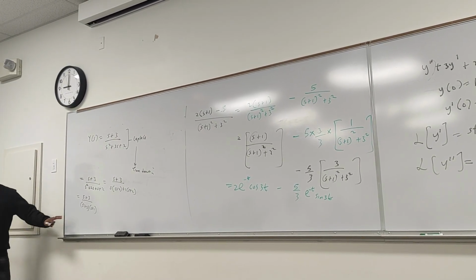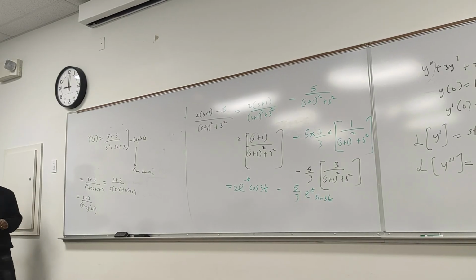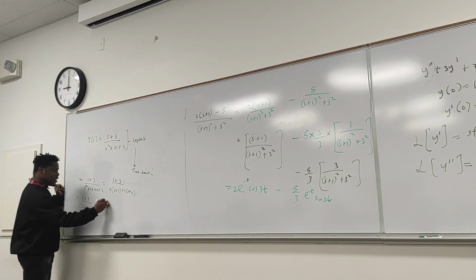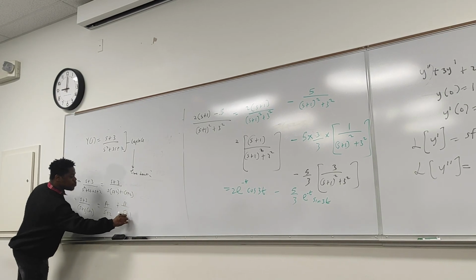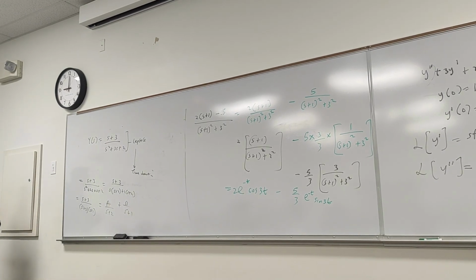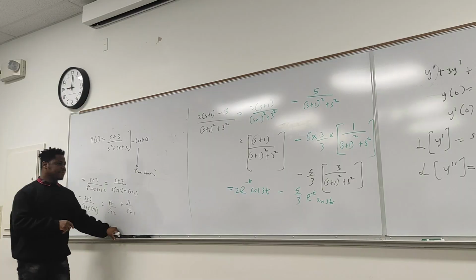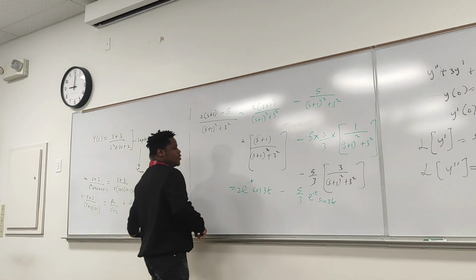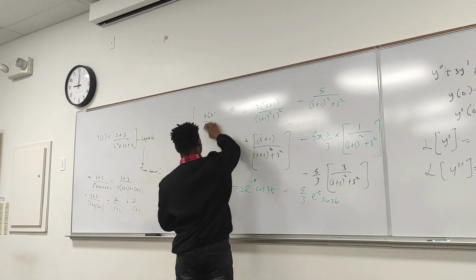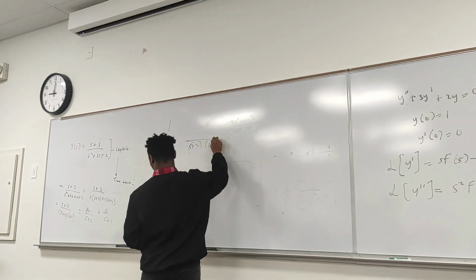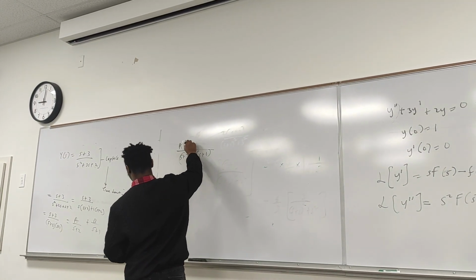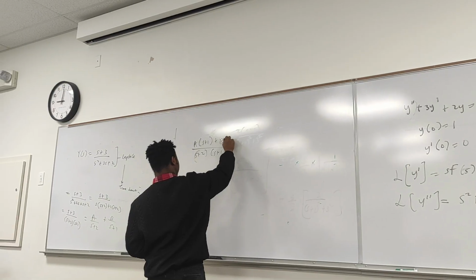So let's split this. Remember how we used to split. We say this is equal to a over s plus 2 plus b over s plus 1. And then we find a and b. That's how we used to do it. So let's do that. So this becomes a multiplied by s plus 1 plus b multiplied by s plus 2.